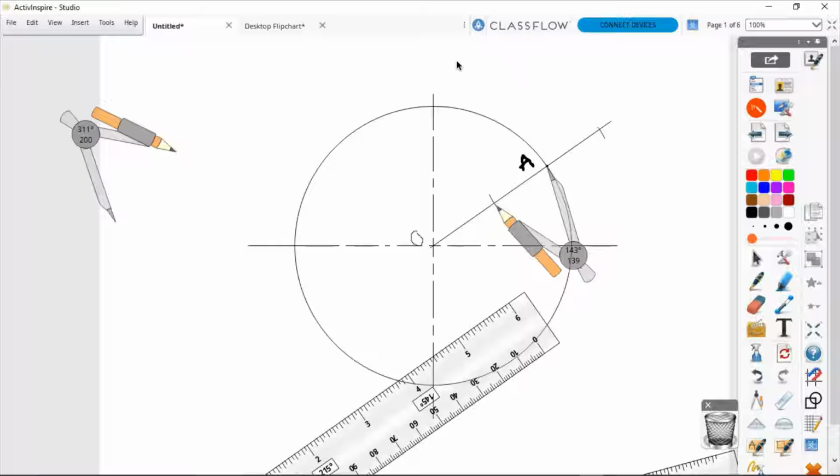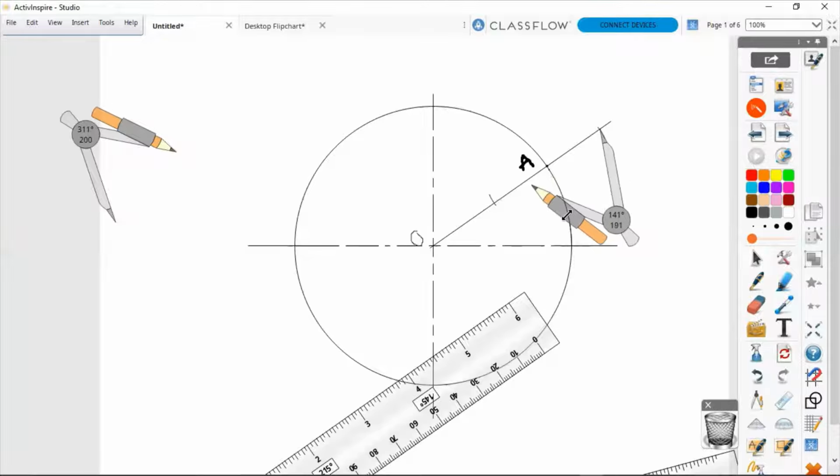I'll now stand on the markings and draw arcs above and below the line. The radius of these arcs should be more than half the distance from the point I'm standing on to point A, where I want the perpendicular bisector to pass through.